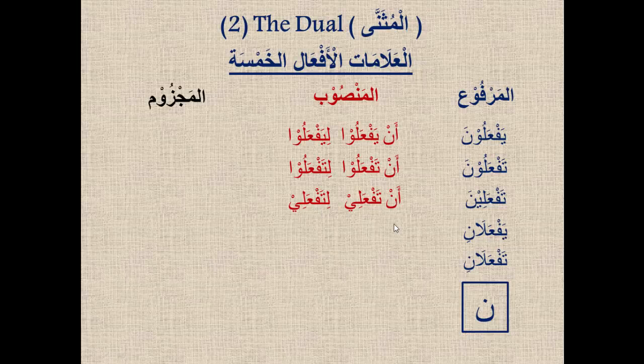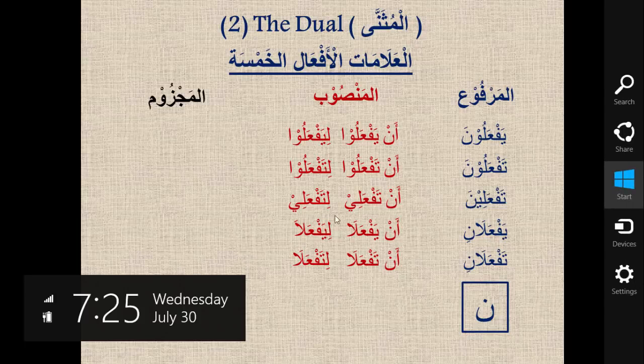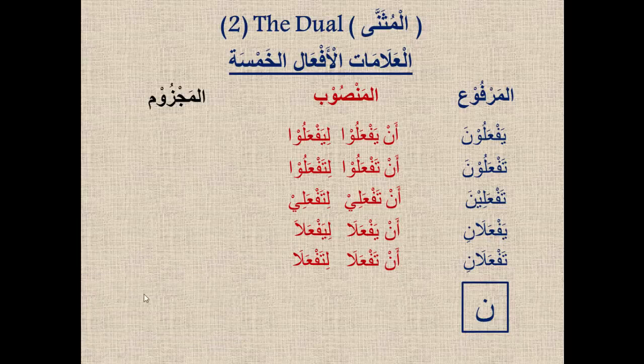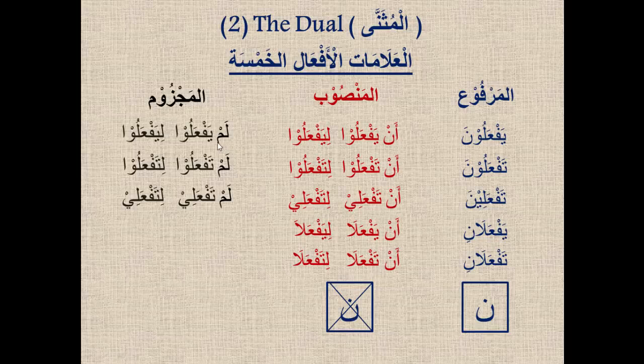What happens when we add the nasib in front of the dual verb? We get an yaf'ala. We drop the noon. Li yaf'ala. Same case for taf'alani. An taf'ala. Li taf'ala. And in the majzum, when we add a jazim, okay, so the marker for the mansub is dropping the noon, and then in the majzum, we get lam yaf'alu, li yaf'alu.